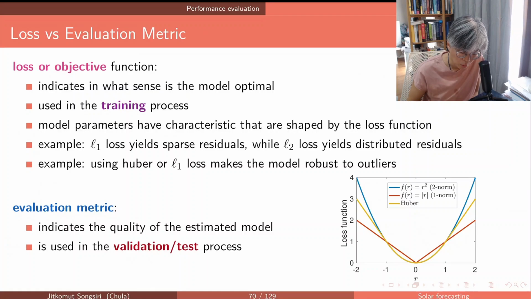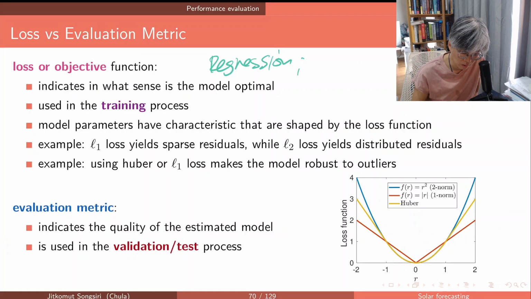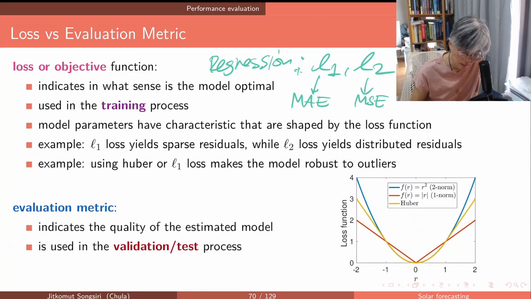You may have seen examples of the loss function in the regression problem. Typically, the most common ones would be the L1 norm, known as MAE, and the L2 norm, known as MSE.